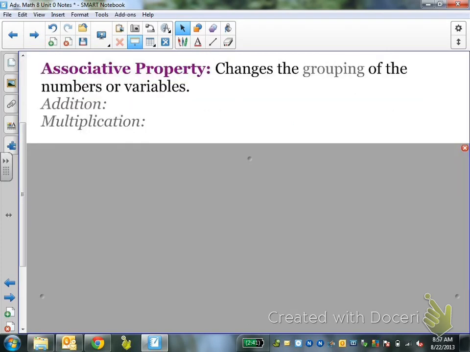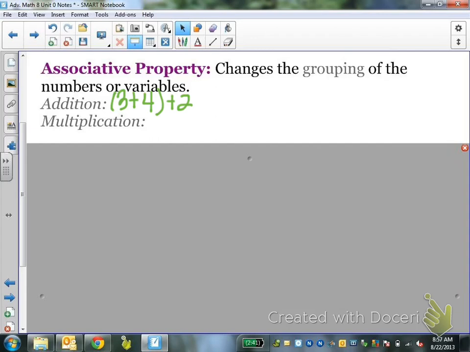Okay, the associative property changes the grouping of numbers or variables. And we have an associative property for addition and multiplication as well. Associative property for addition says that I can group, say, 3 plus 4, and then add 2 to the outside.